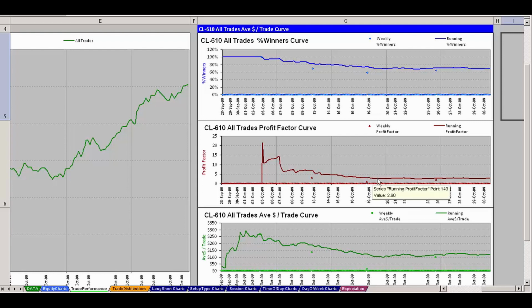And here we are in about the third week, and we seem to be stabilizing around 2.6, 2.5, somewhere in there. And again, the triangles are showing us the weekly number for the profit factor. And remember, profit factor is the total dollars won divided by the negative of the total dollars lost. We can see that that's beginning to stabilize, so we're getting much happier with our system.